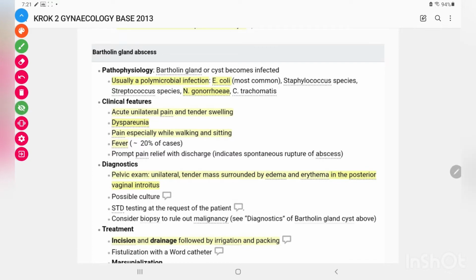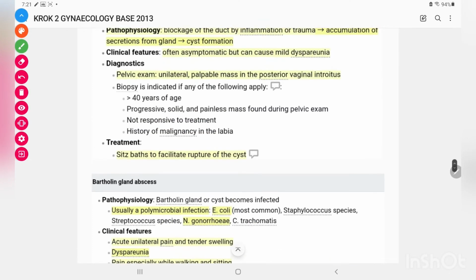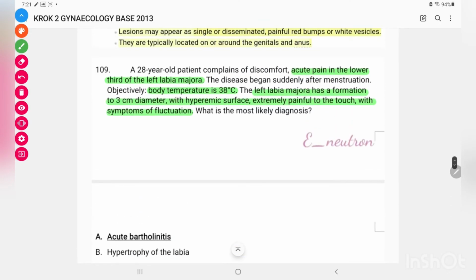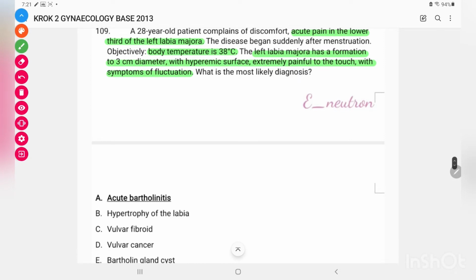But in case of fluctuation, I mean in Bartholin gland abscess formation, the pain will always be there. Okay, unilateral pain and tender swelling, sexual pain, and fever. Along with that, when we do the pelvic examination, a unilateral tender mass surrounded by edema and erythema in the posterior vaginal introitus is seen. So all these signs make us understand that this is a clear-cut sign of acute bartholinitis.